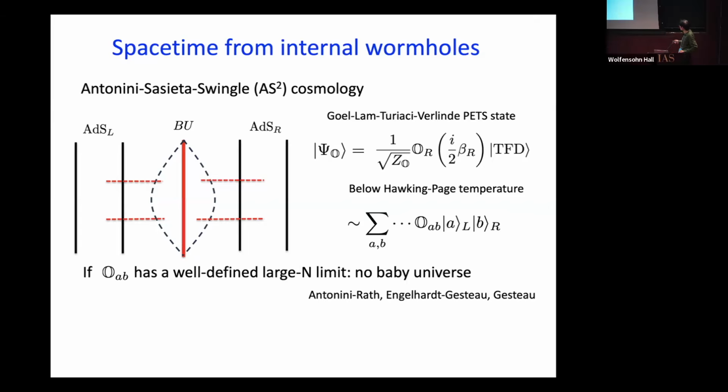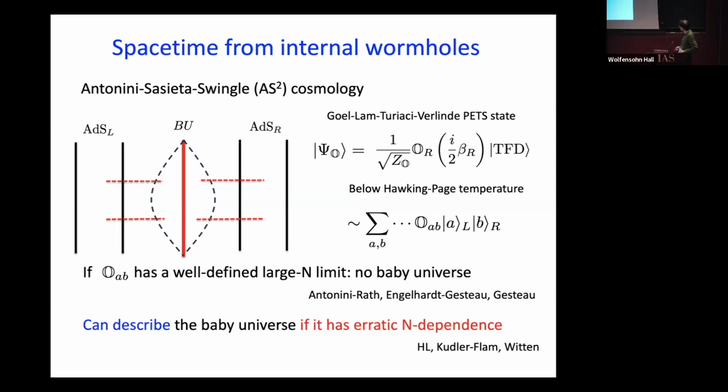So in this case, if this O_AB, as I mentioned earlier, is called the heavy-light OPE coefficient, and if it has erratic behavior, then this can actually be used to generate a new sector, which is the baby universe. Okay, so you can actually describe the baby universe if this has erratic behavior.